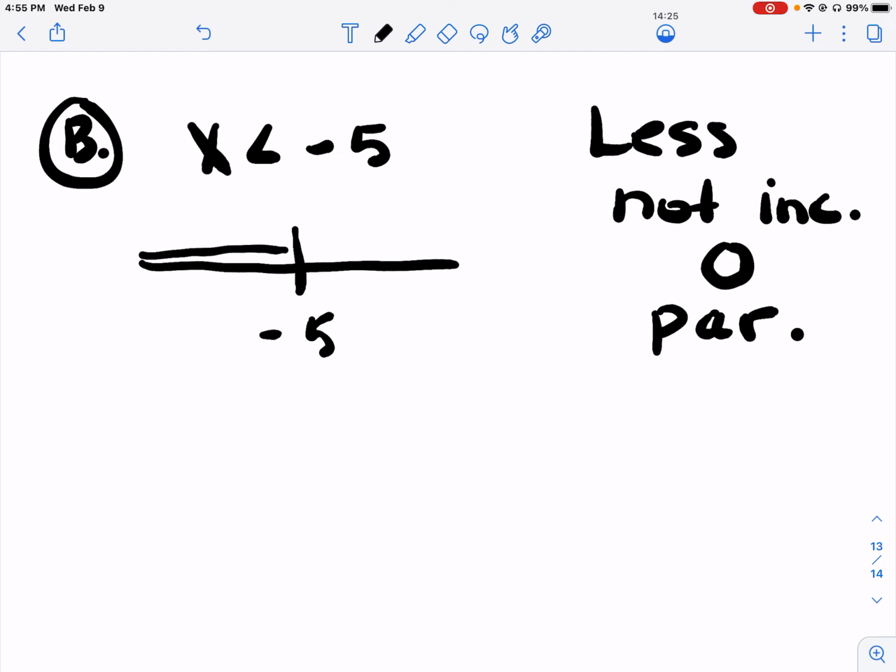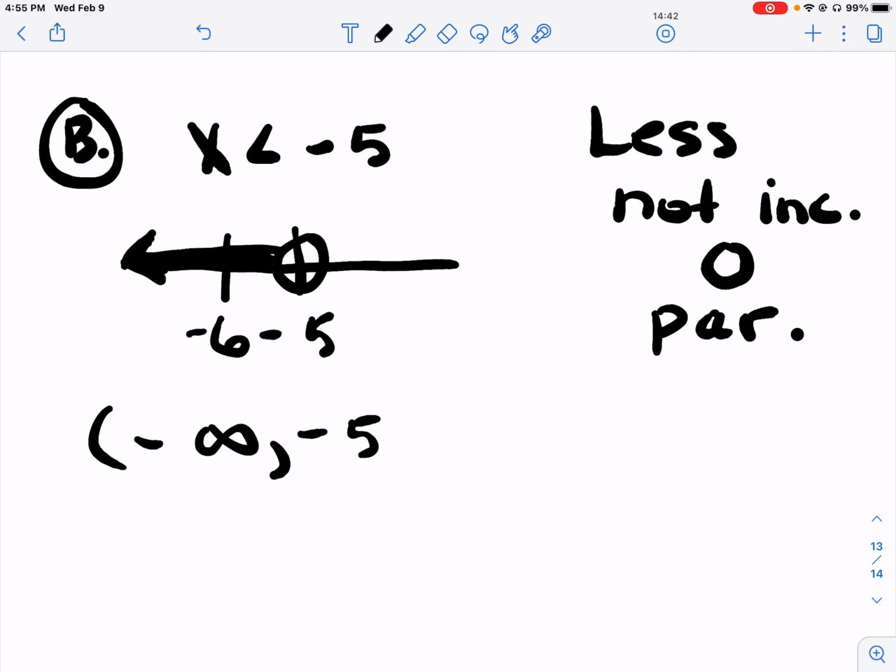Less is to the left, smaller numbers are to the left, open circle. Now, we always say the smallest thing first. There's not a smallest thing because they keep going, so we call that negative infinity. And parentheses because it's not included, it doesn't have the or equal to.